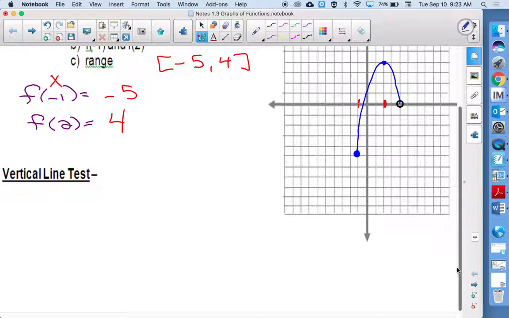So algebraically, you're looking at your x and y values. Does each x have one y? But the vertical line test works graphically. So if I have a graph, each vertical line can only cross through the graph once for it to be a function.